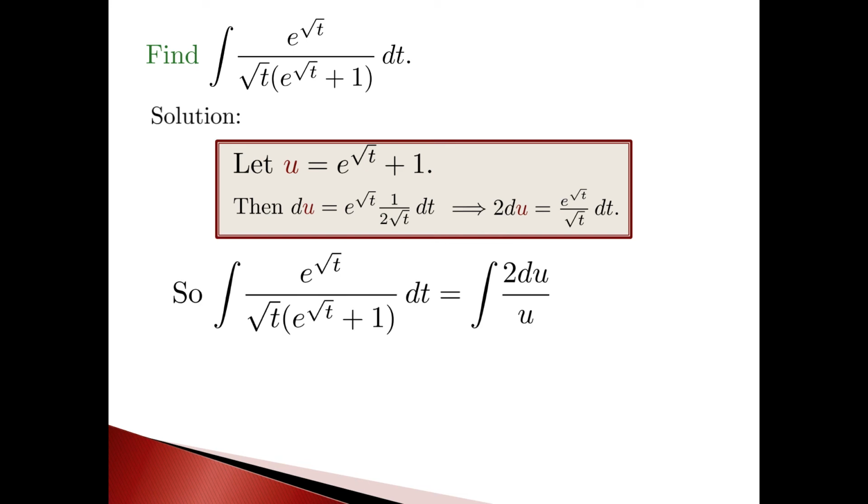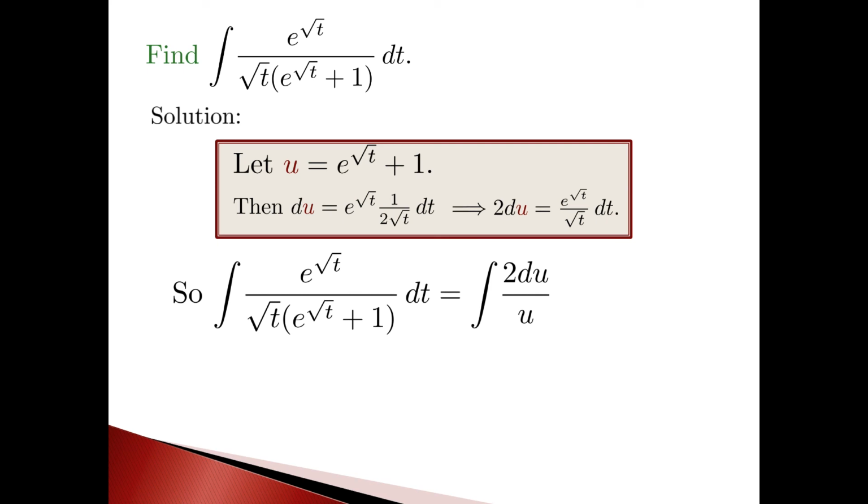And again, if you remember that example we did where I showed you the Cal 2 slides, what I would do there is put a 2 in the denominator next to that square root of t, and put a 2 on the outside in the numerator, so they would cancel each other and I wouldn't have changed the problem. But that leaves me then with 2 times the integral of 1 over u du.